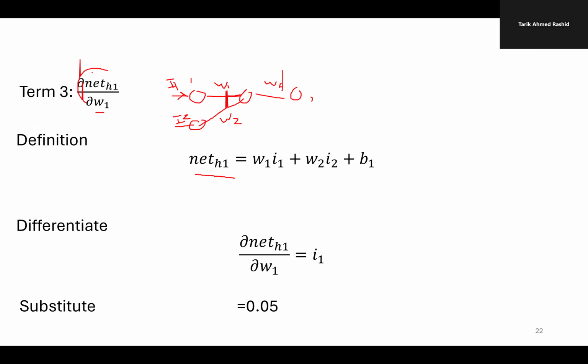Now, the derivative of net in relation to W1: this part W2 will be 0, and B1 also 0. So delta net, partial differential over partial differential of W1, will be the derivative of W1 which is 1 multiplied by I, you will get only I, so 0.5.